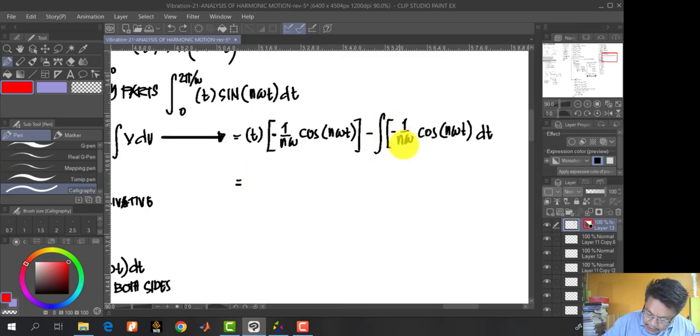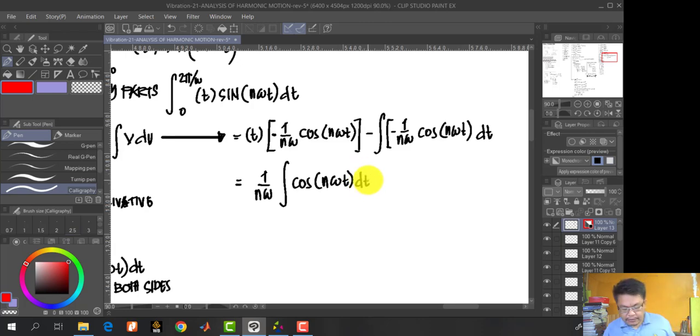We also take out the constant, which is 1 over angular velocity, positive now. So we integrate cosine of n, angular velocity times time, and dt. Don't be confused, I just put the positive first. We could put the negative first, but I'm more comfortable with the positive coming first. There's no problem as long as the sign convention is not lost.